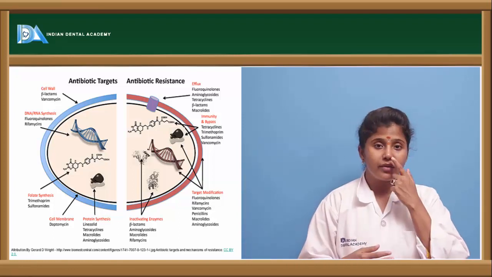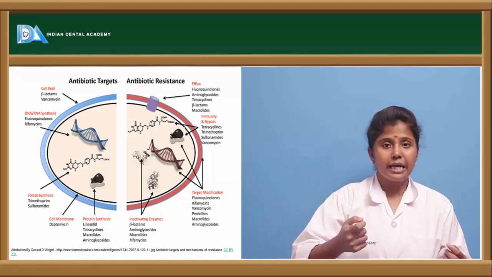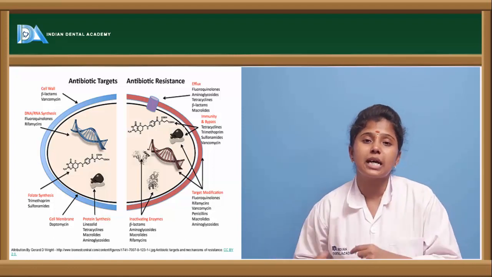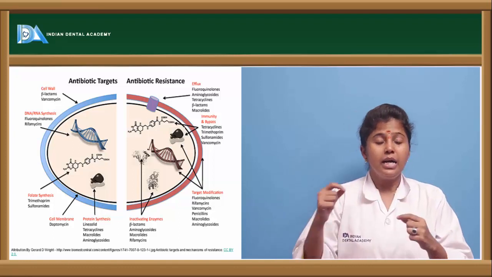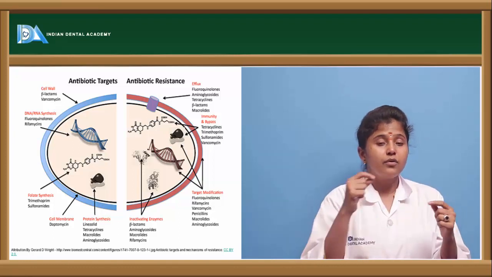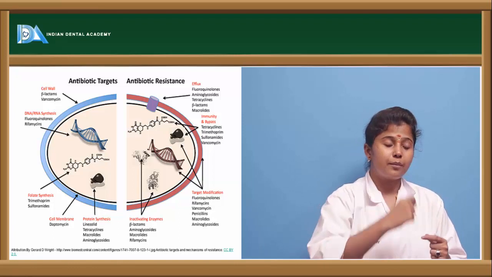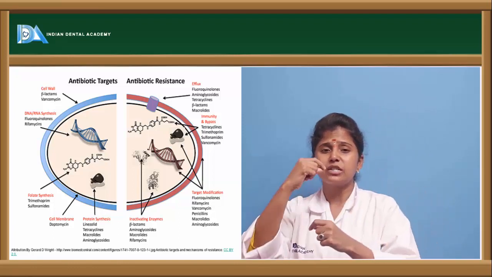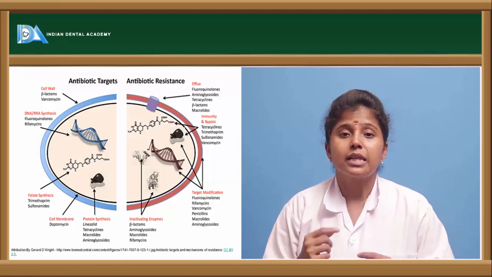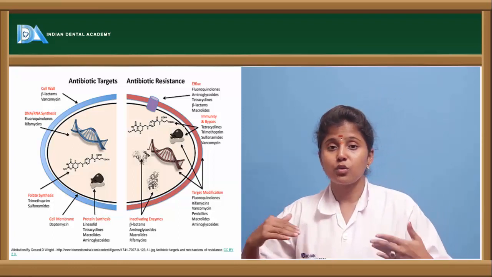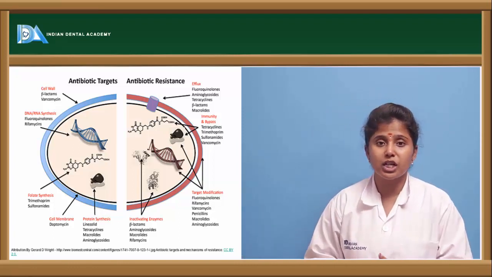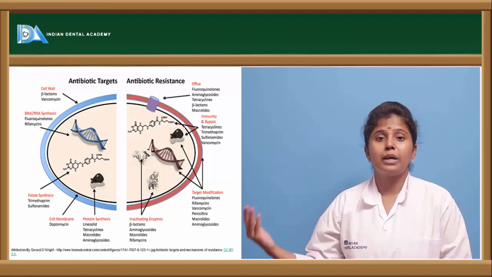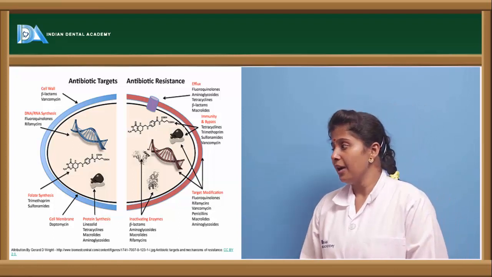And target modification: the antibiotics are targeting DNA synthesis and cell wall synthesis, so we should modify the target. If one drug is inhibiting the cell wall synthesis, we should make a drug which acts through another mechanism of action. A slight structural change brings a difference in the mechanism of action. So we need to put some modifications in the antibiotics in order to protect the antibiotic from becoming resistant against the bacteria.